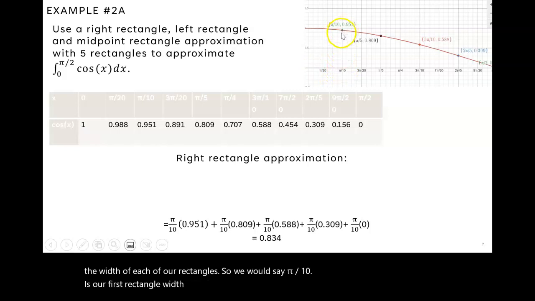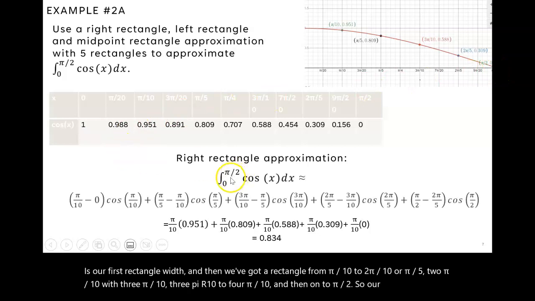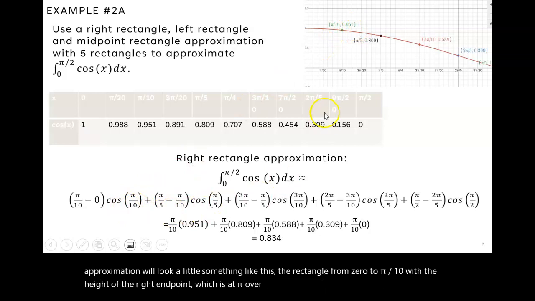And then we've got a rectangle from pi over 10 to 2 pi over 10, or pi over 5, 2 pi over 10 to 3 pi over 10, 3 pi over 10 to 4 pi over 10, and then on to pi over 2. So our rectangle approximation will look a little something like this. The rectangle from 0 to pi over 10 with the height of the right endpoint, which is at pi over 10, so that's 0.951.